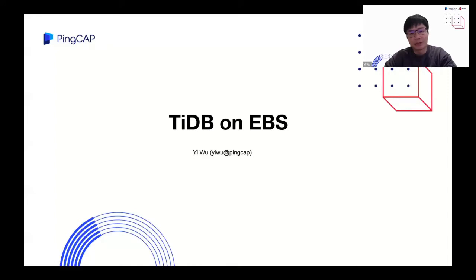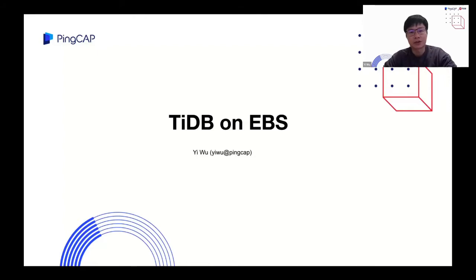Today, I'm going to share about running TiDB on the cloud disk in AWS, the EBS service. For our TiDB cloud service, which provides TiDB as a service to our users, we are switching from using local disk to cloud disk, which is the EBS. And for our on-premise users who deploy TiDB on the cloud, we are also recommending them to use the cloud disk.